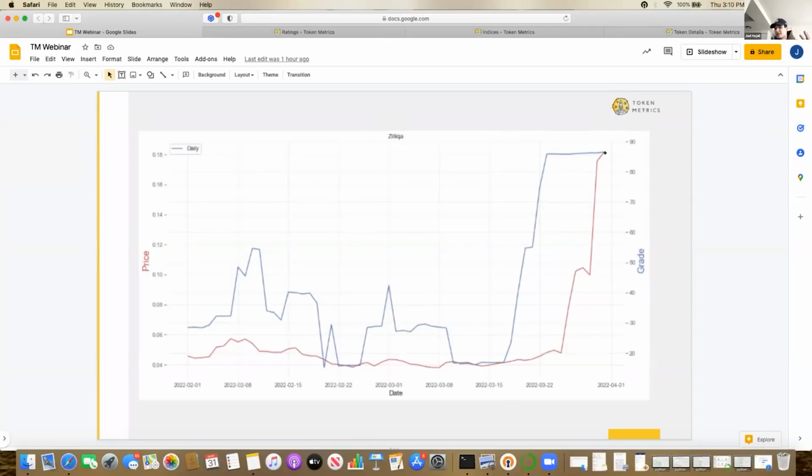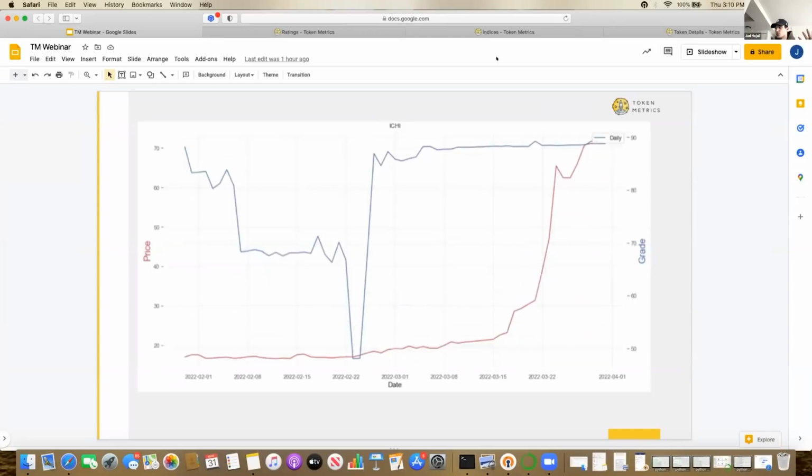And as I said earlier, it doesn't only work for the big coins, but also coins like Ishi and things like that. And this TM grade is not based on fundamental research or code reviews and things like that, which I will discuss in a little bit. But it's purely based on quantitative trading, like momentum and mean reversion, by using our AI and machine learning models.